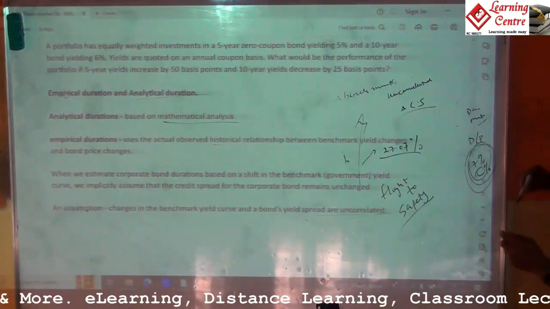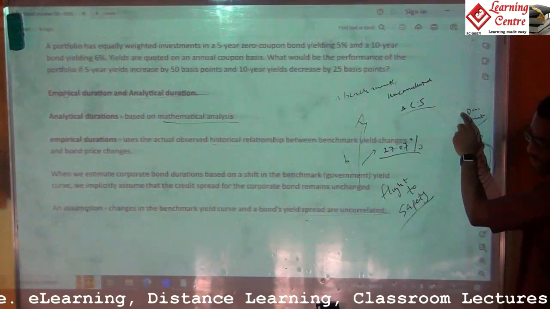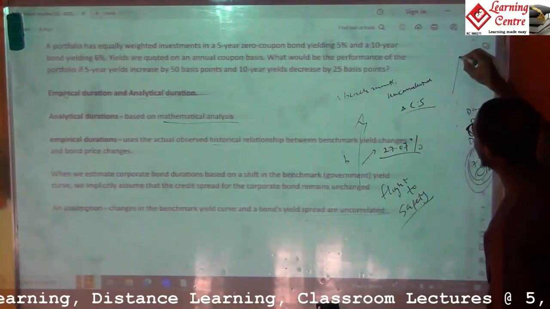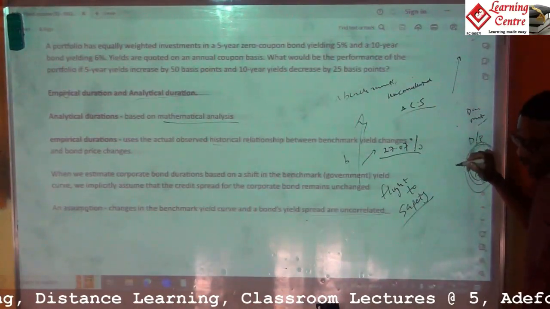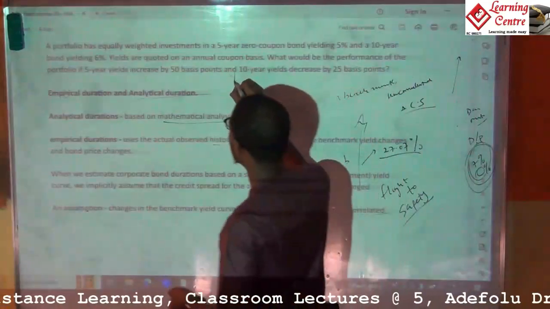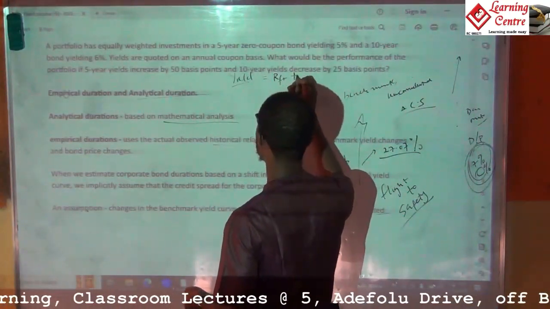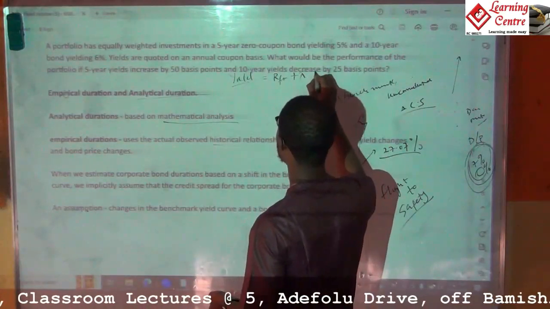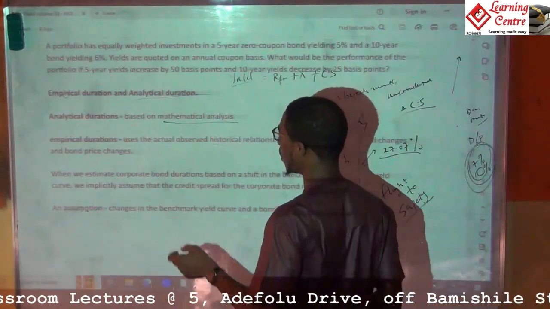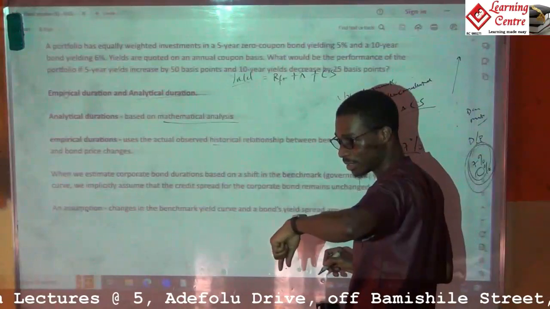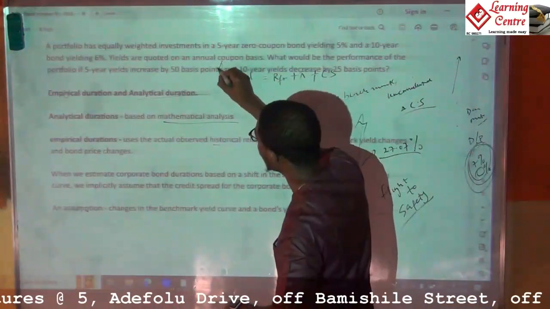As those pressures are happening on the corporate side, the credit spread starts going up. Look at it: this is our yield on the corporate side, risk-free rate plus inflation plus credit spread. When I start selling, the price of that thing goes down, and this yield goes up.